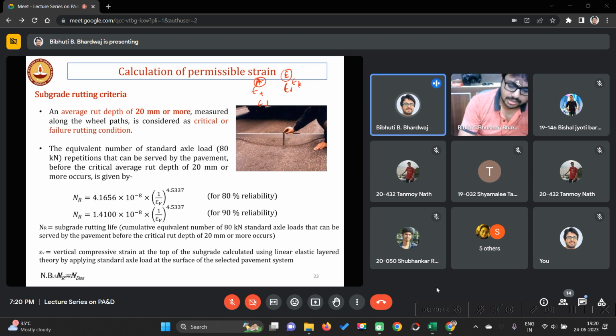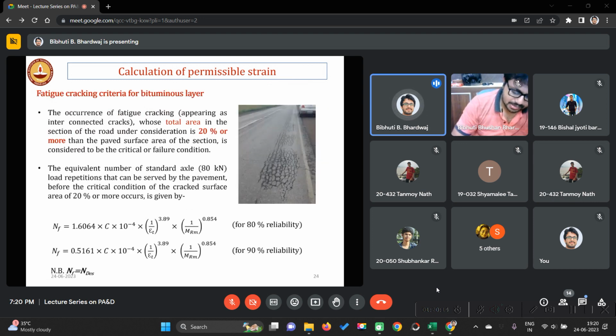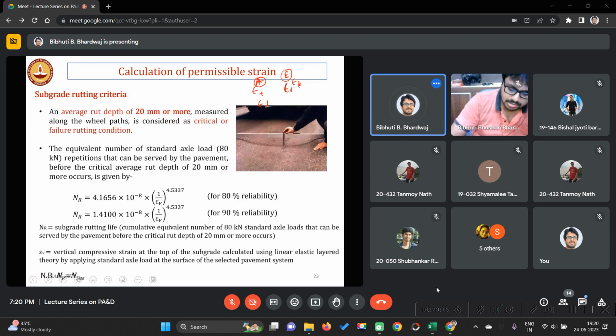Epsilon v is the vertical strain, and we considered it on the subgrade, right? And it was related to rutting. So how much epsilon v is allowed for that total traffic? Okay, N R and N design are the same. That means whatever formula you have.